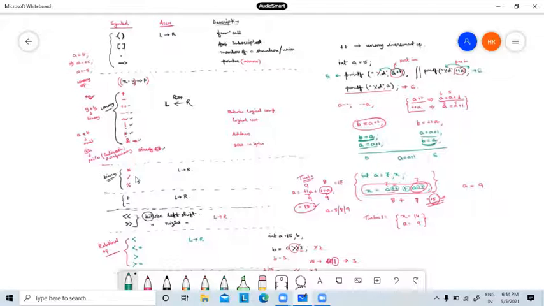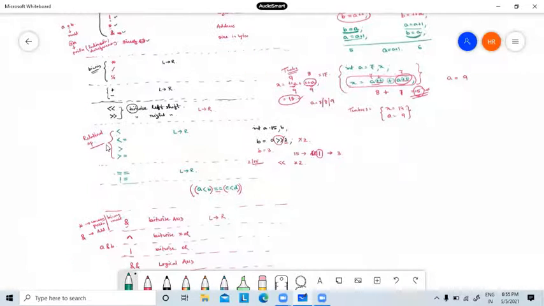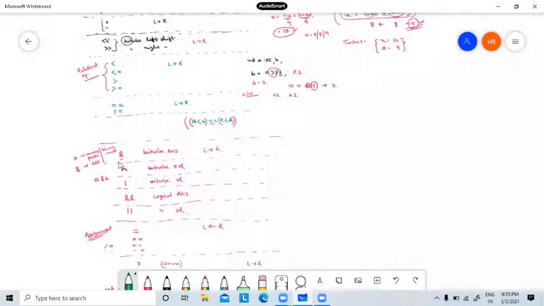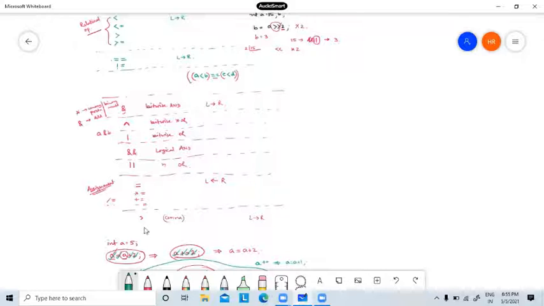Then the binary multiplication and division, then binary plus and minus, then the bitwise left shift and right shift, then the relational operators. Then come some bitwise operators like and, or, then the logical and, and finally the assignment operators, and then at the end the comma operator.